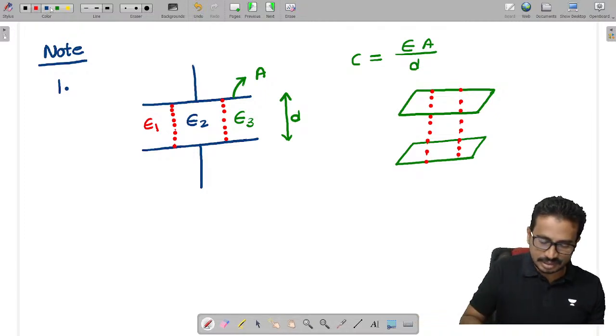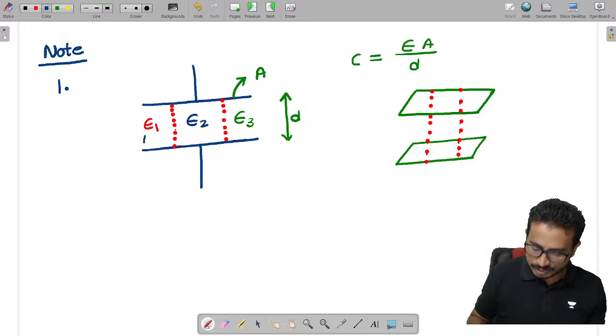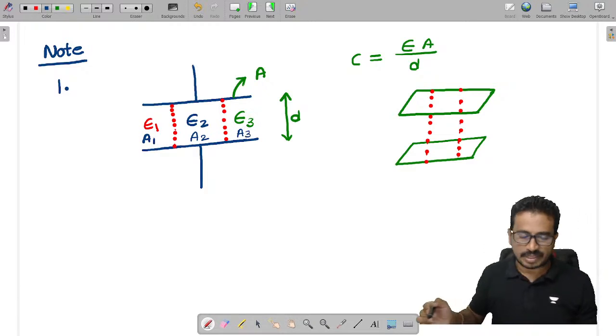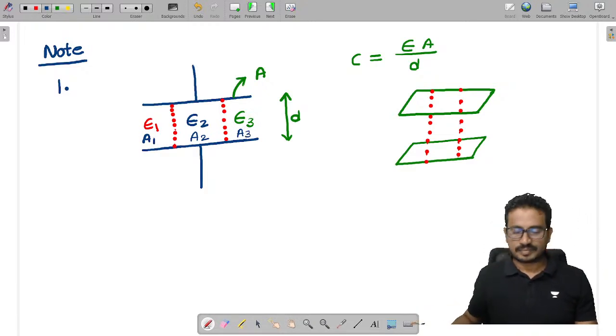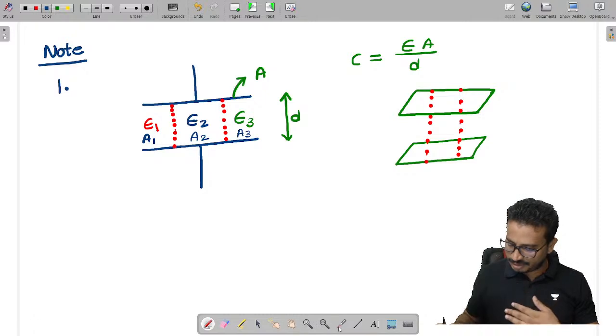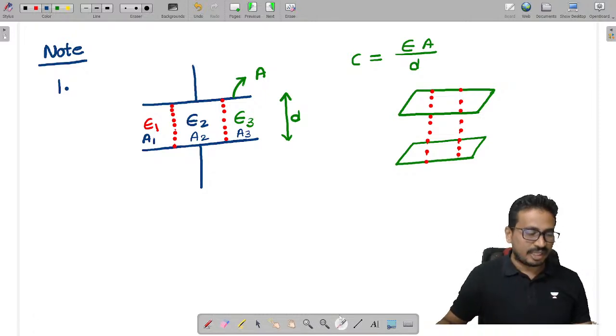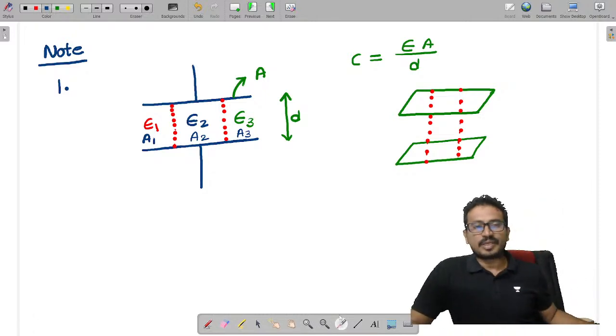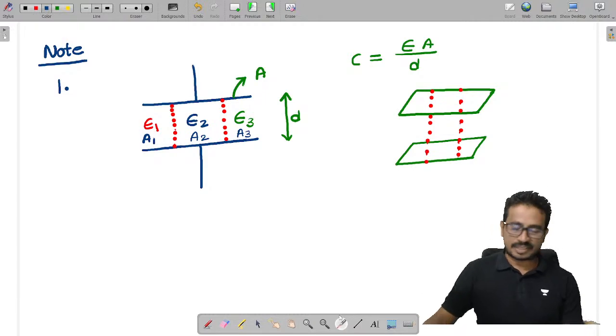Yes, now as a result what happens, this area I can say is A1 होगा and this area is A2 होगा, this area is A3. All of you बोलिए 3 areas बनेगा बोलिए. Now since here you see this thing, what are the variable parameters here?